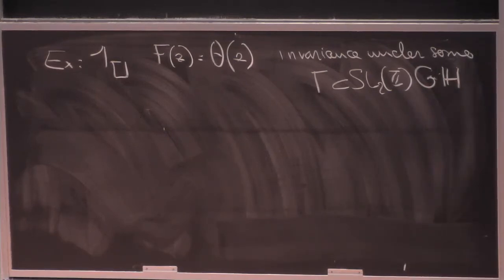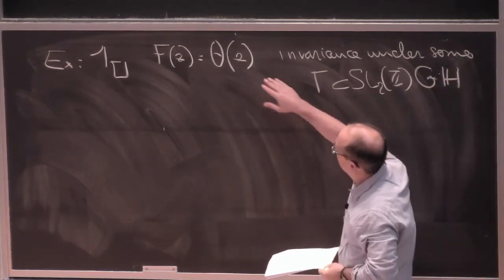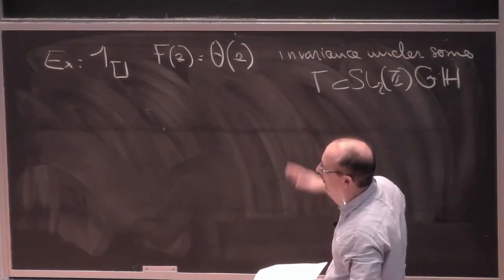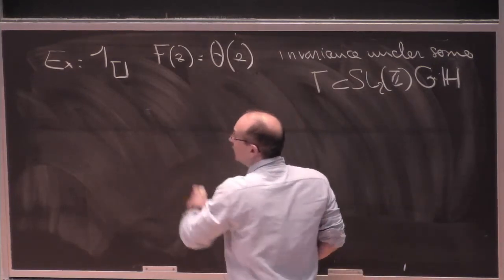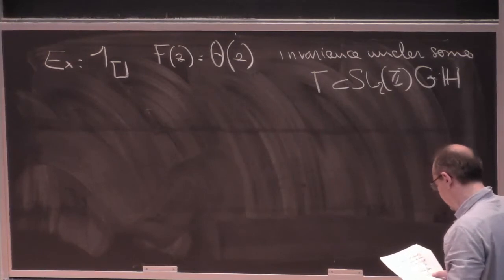So it's a modular form, and then it's very useful. And in fact, from this invariance property, you can derive the analytic properties of the Riemann zeta function.